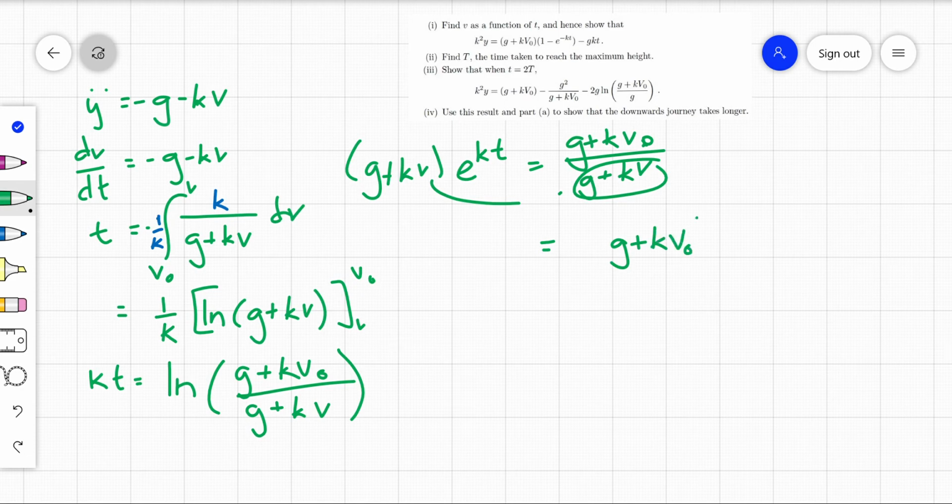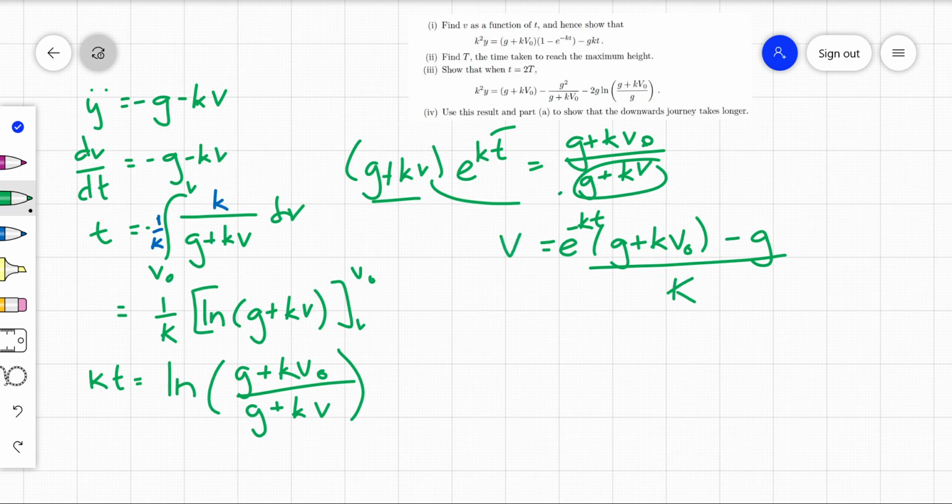I'm kind of skipping steps here. I'm going to put the e to the kt on the other side, so it actually becomes e to the minus kt because I'm dividing by it. And then looking over here, I'm going to minus g and divide everything by k. And that will give me just the v by itself.